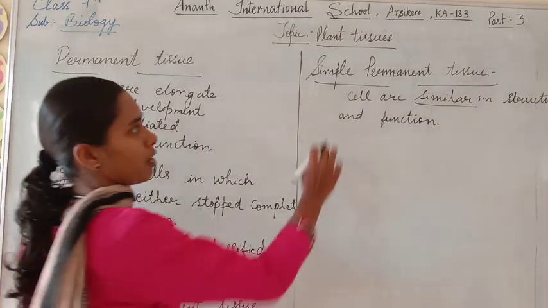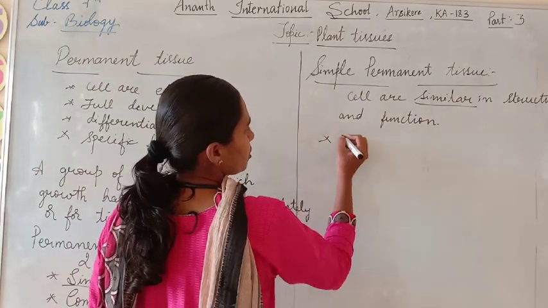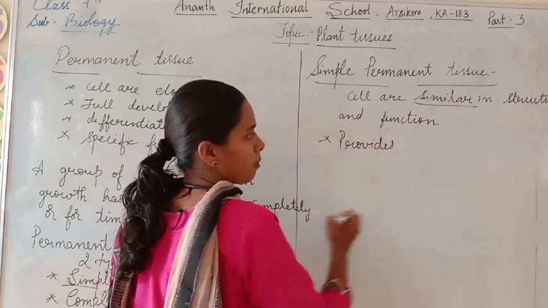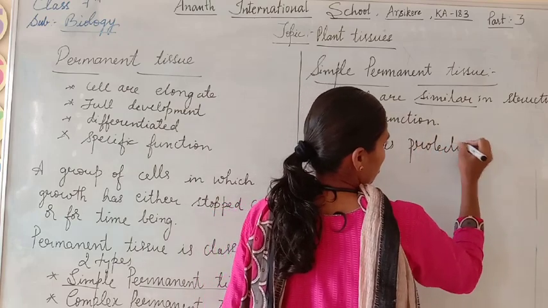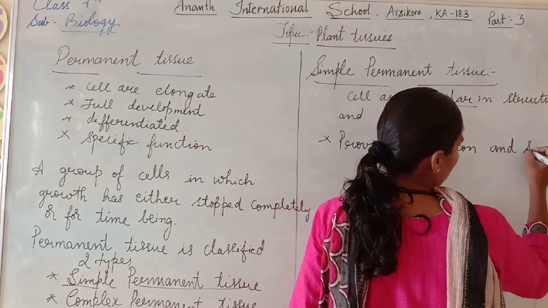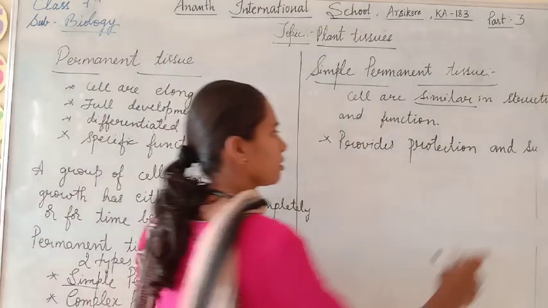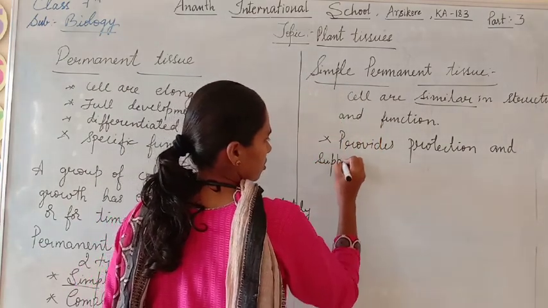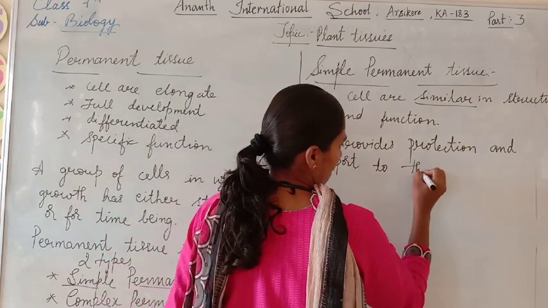Another function of simple permanent tissue is that it provides protection and support to the plant.